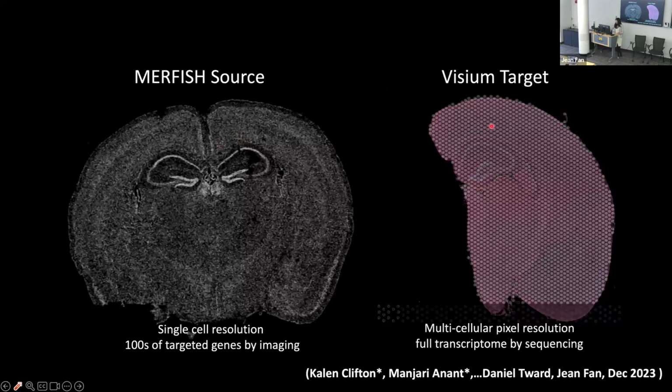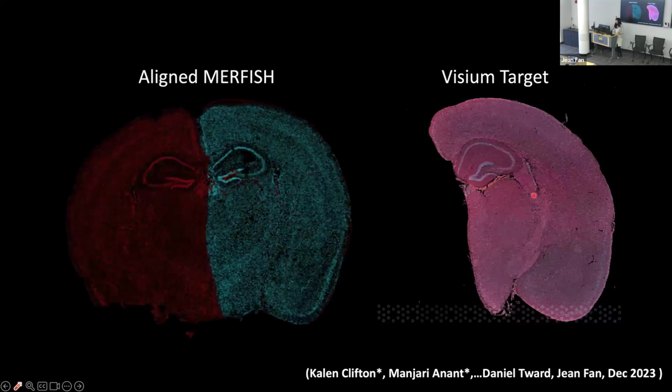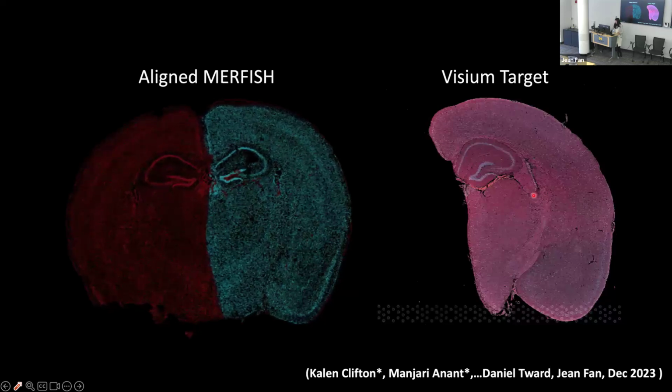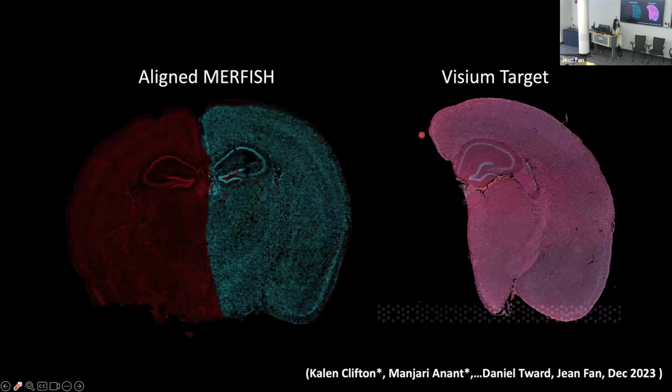So instead, what we focus on is aligning the image representation of the MERFISH with the associated histological image of the Visium, which is at a sufficient single cell resolution to be able to do this image alignment.